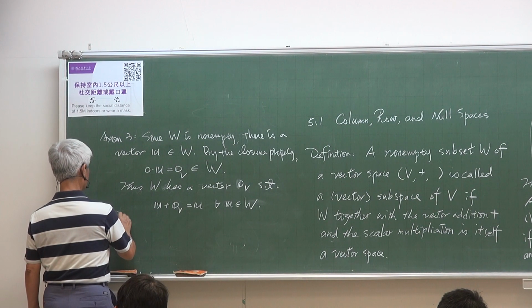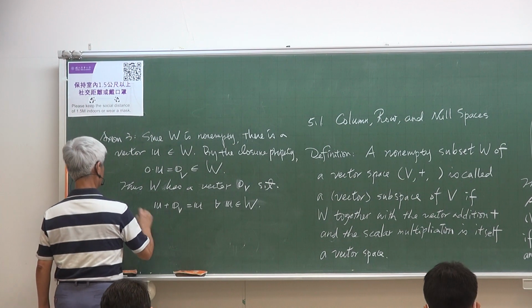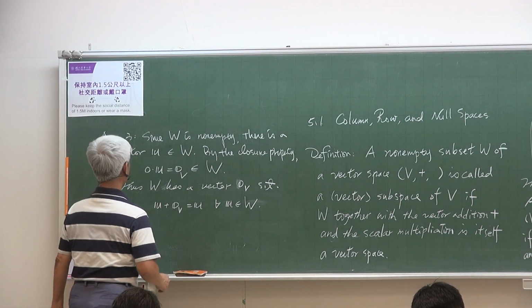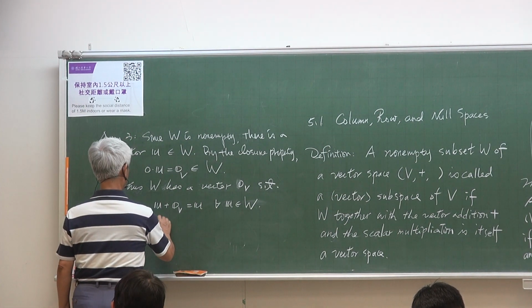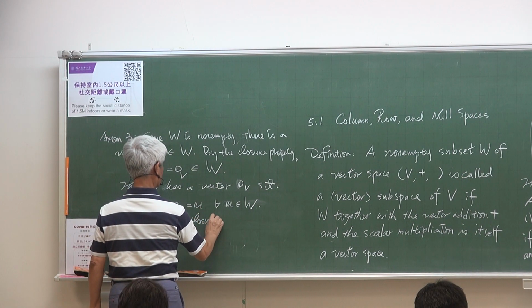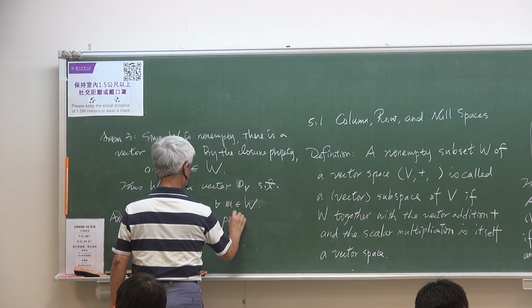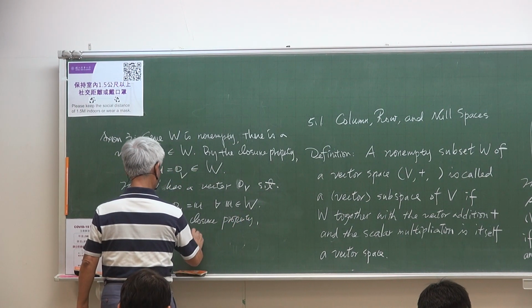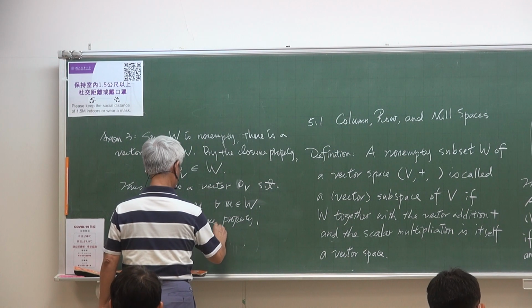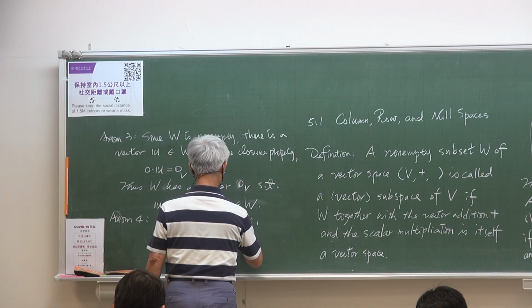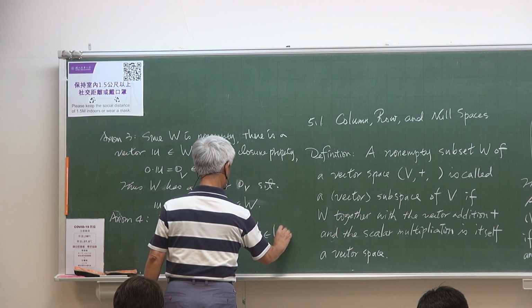Alright, so axiom 4. By the closure property again, minus 1 u is in W, right, for all u in W. Okay?